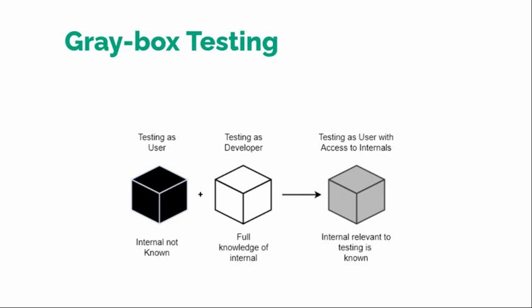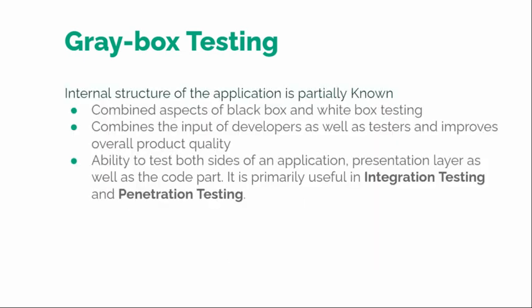So we do not know everything, but we know the parts which are most relevant to our test cases. So in gray box, the internal structure of the application is partially known. It is the combined aspect of black box and white box testing.